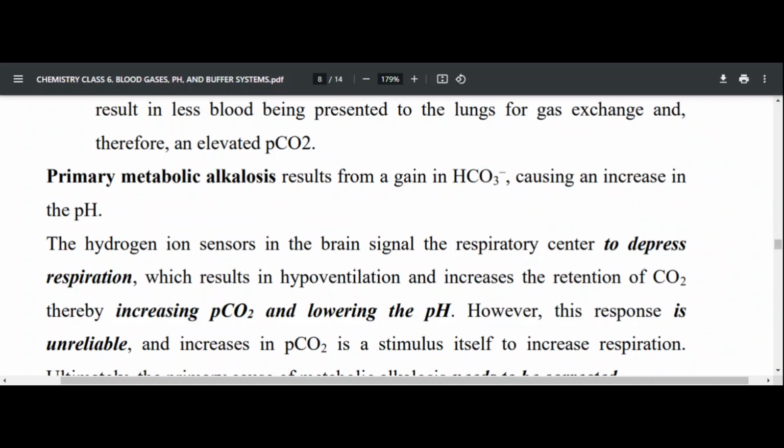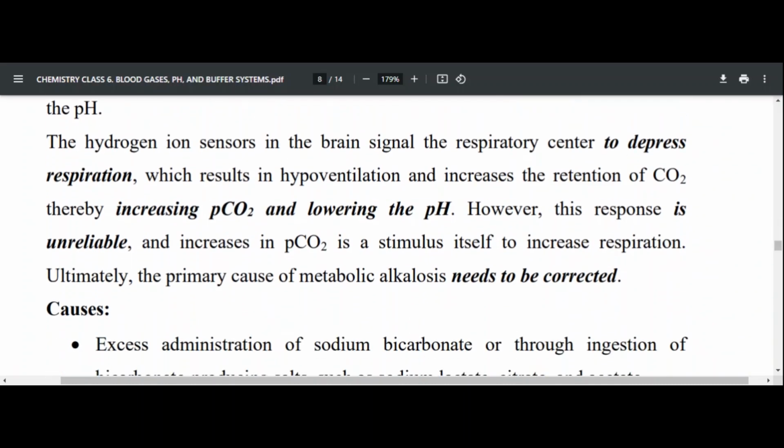So lungs can now quickly try to retain some CO2 by reducing ventilation, in order to lower the pH.